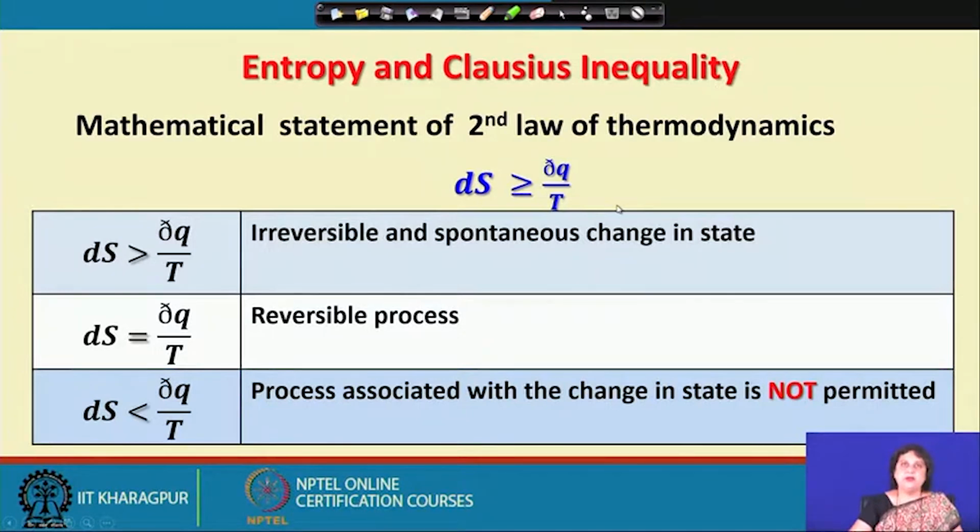Let us say I have a system which is initially in equilibrium, and then it is induced to undergo a change in state.